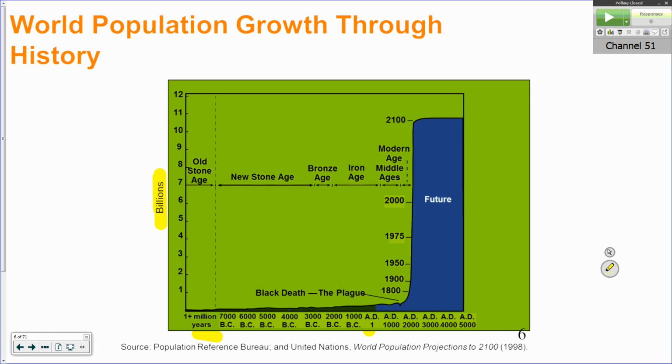And then we have this boom, the population explosion. It starts increasing kind of steadily, and then we hit the Dark Ages. We actually have a significant decrease. About 1 in 5 people on the face of the earth died during the bubonic plague, the Black Death. It decimated Europe. About 1 in 2 people died in Europe, but that influenced the world population so significantly.